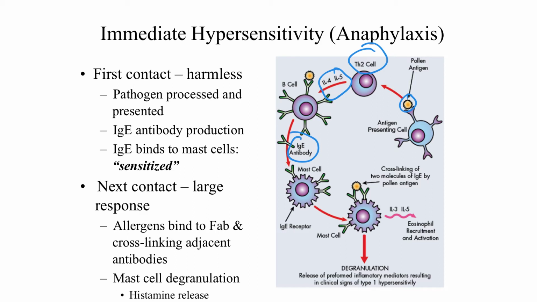Again, you see that these antibodies, they go here, they sit or prime the mast cell so that when we have the secondary exposure of the pollen, we have degranulation of this mast cell and a large release of histamine.